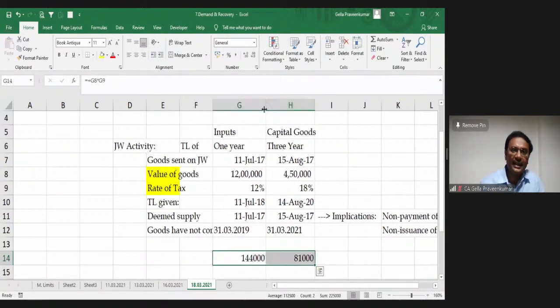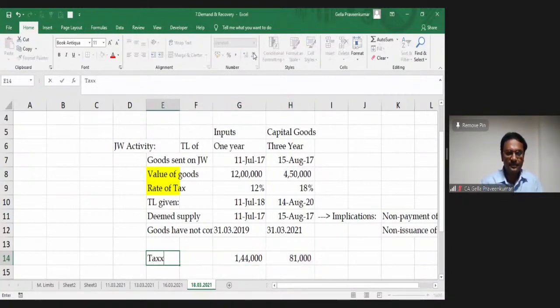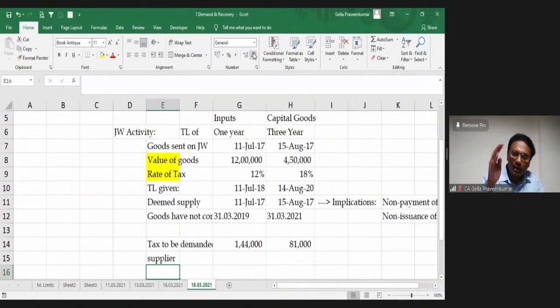Now, this is a tax the officer would demand along with interest and penalty on the principal. Tax to be demanded on the supplier: in case of inputs, 1,44,000. In case of my capital goods, 81,000. So the officer would demand tax along with interest and penalty.